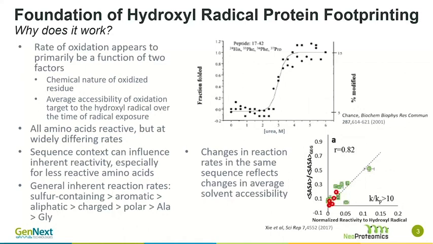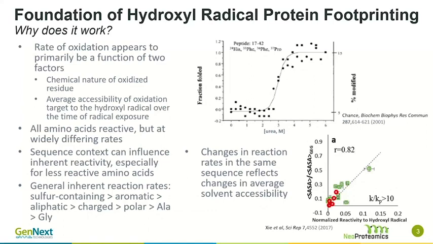Now, since these are the two factors that we have to keep in mind, both the chemical nature of the oxidation target and the average accessibility, the way hydroxyl radical protein footprinting is commonly used is to compare two or more conformations or structural states of the same polypeptide chain.